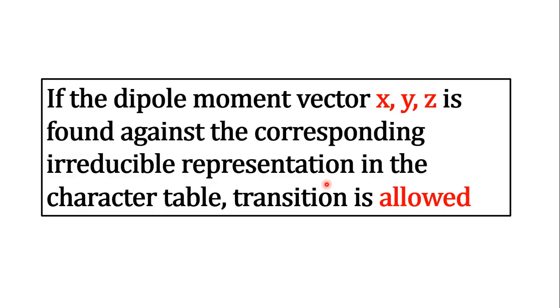If x, y and z are present, then the transition is allowed. Remember, we are not talking about xy, yz, xz, x square, y square or z square. They are the quadratic terms. We are looking at the Cartesian terms carrying power 1, x, y and z, and if they are present against the corresponding irreducible representation, then the transition is allowed.